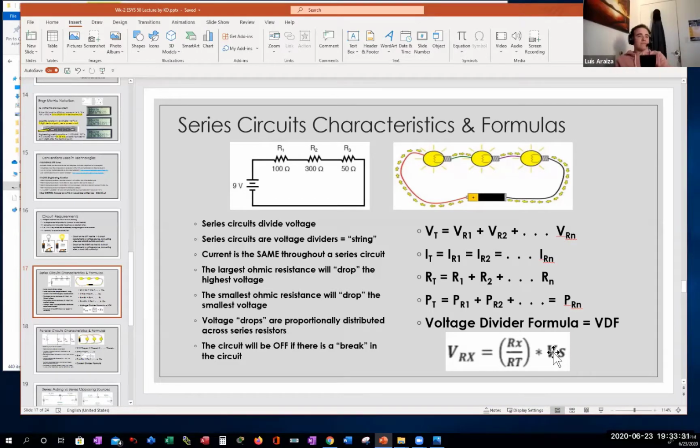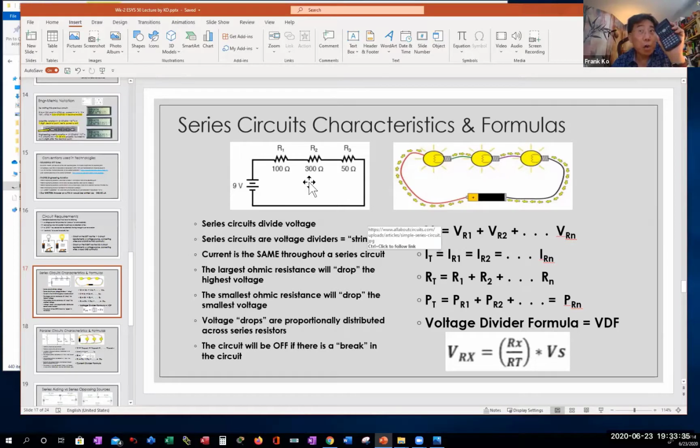Let's try this, my friends. I want the voltage across R2, and again, I'm going to use the fractional formula. If I look at this fractional formula, VR2 is going to be equal to R2 over the total times the 9. What's R2? 300. What's my total? 450.